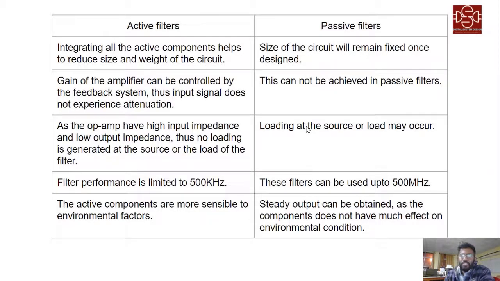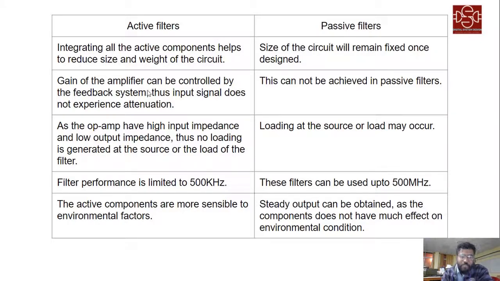This is the chart, and we have all gone through it in the UG syllabus, but in short, the first 3 points mention the effectiveness of the active filter compared to the passive filter. In the first point, it is mentioned that integrating active components will help.